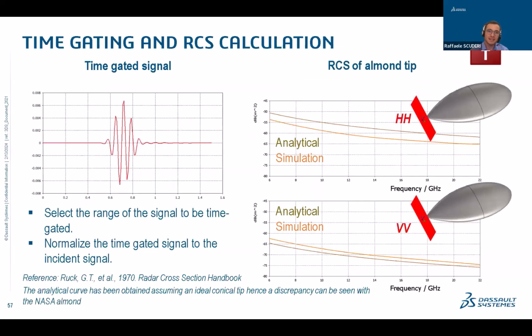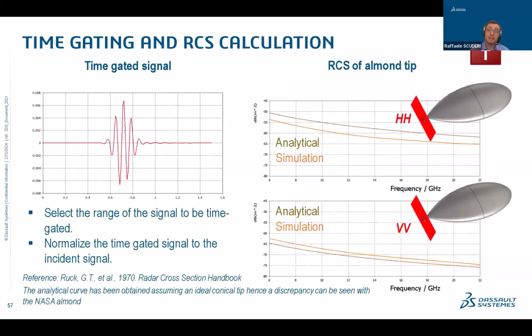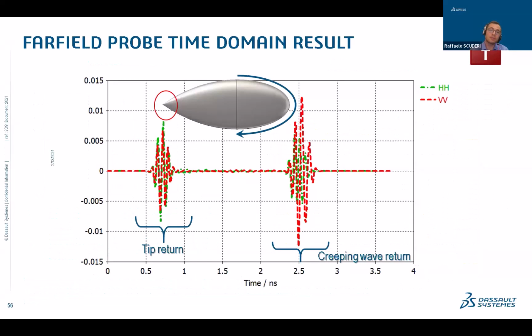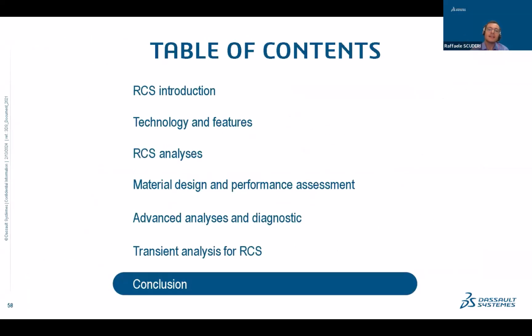I have time gated the signal coming from the creeping wave from the back of the NASA Ogive, excluding the creeping wave from the back. I'm taking the contribution from the tip, and comparing it against the analytical formula of an ideal cone. And that's really the conclusion of my presentation.